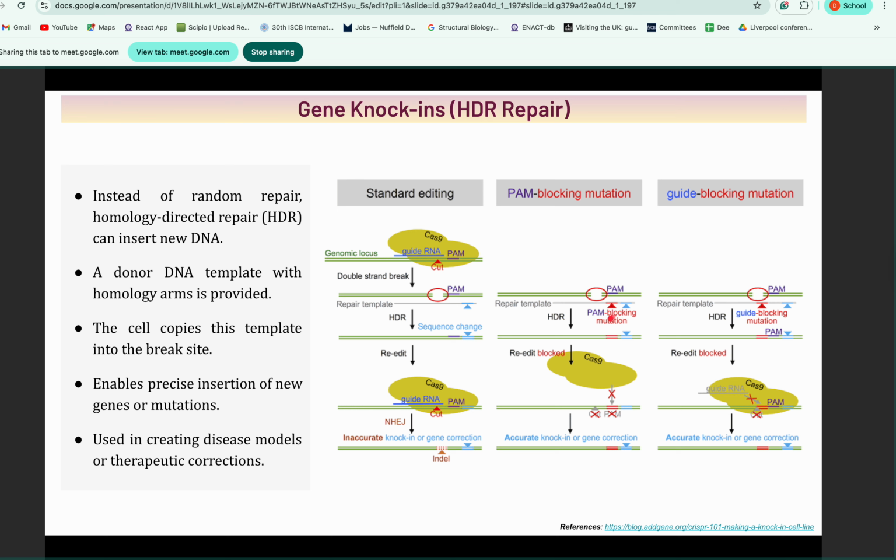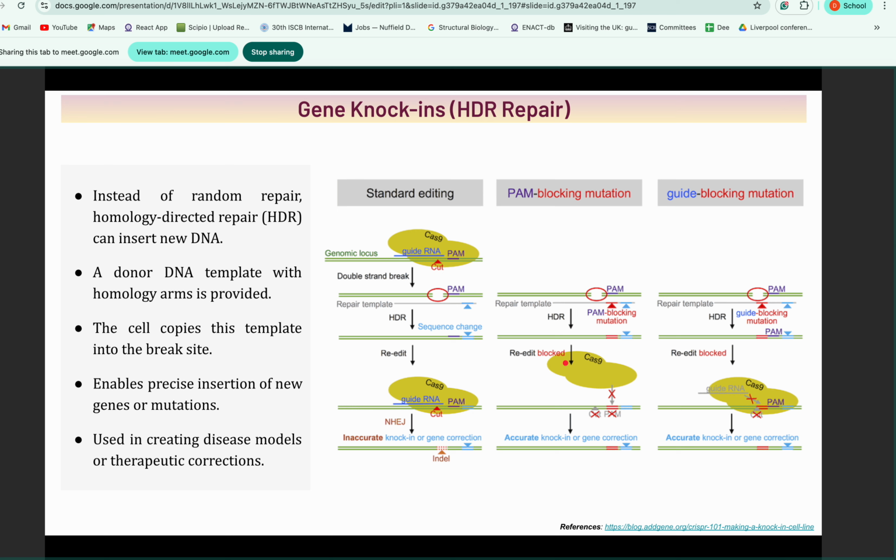So this is the PAM blocking mutation, because it is lying at the same complementary region to that of the PAM. So after homology directed repair, this particular mutation will exchange the PAM sequence. So previously the PAM sequence was retained, but now because this particular mutation is happening at the PAM site, the PAM site is replaced with this particular region of the repair template. Now re-edit is blocked.